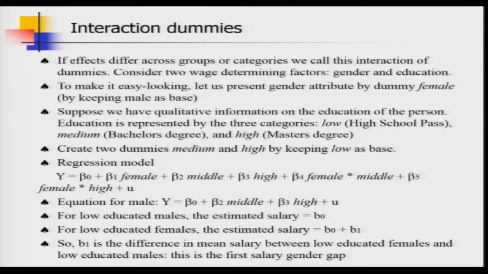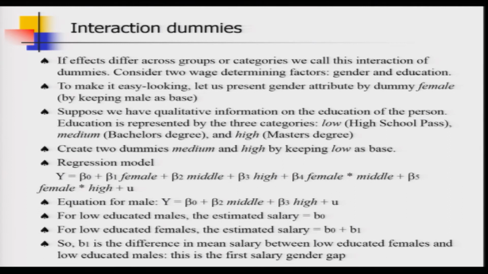Based upon the information on what degree this person has completed, we can talk about three different levels of education: low, medium and high. So, there could be effects of gender and effects of education on wage or salary, and the way we have set up our research problem, both of these explanatory variables are qualitative in nature.